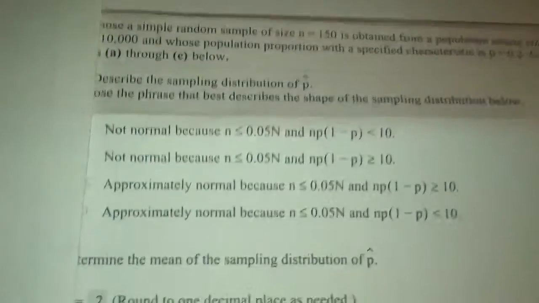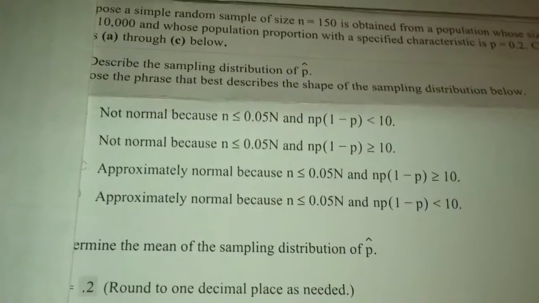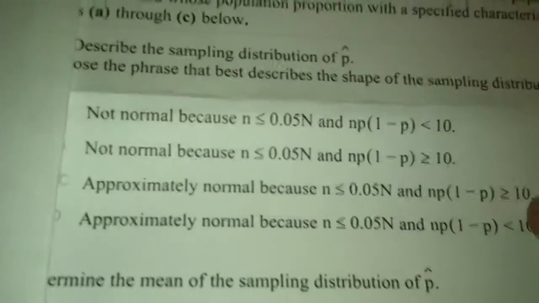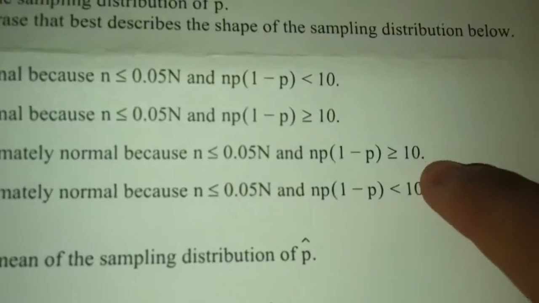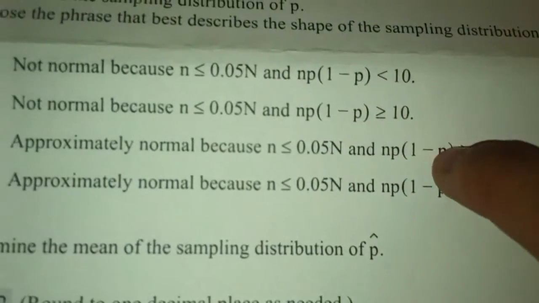So these are our options. We have to decide whether it's normal or not normal based on using this formula right here. This is the correct formula, so it's either going to be between this one or this one.